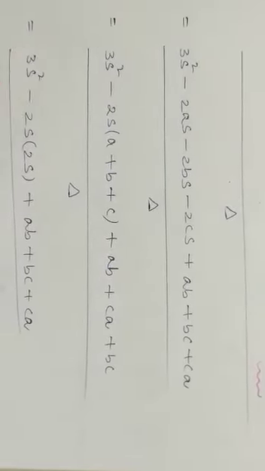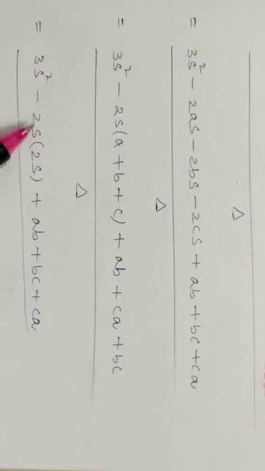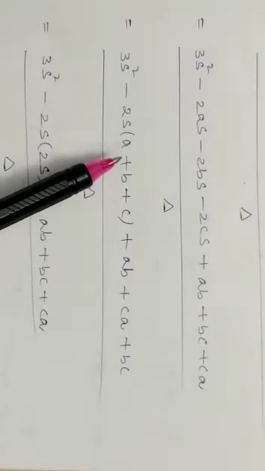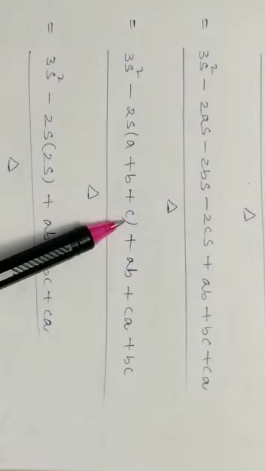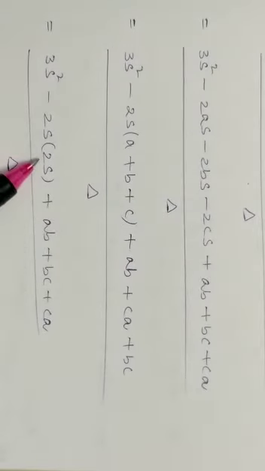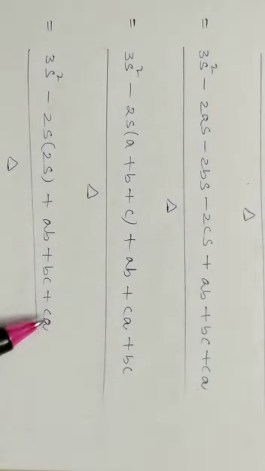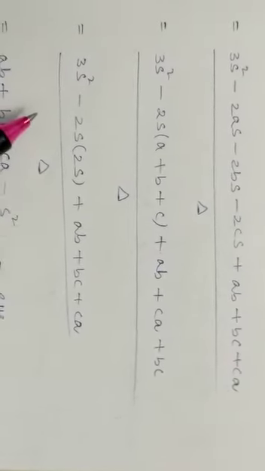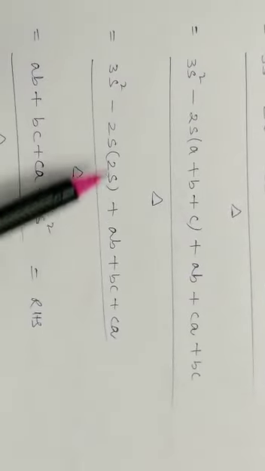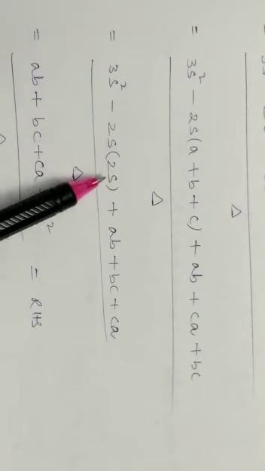So 3s square minus 2s into (a plus b plus c). A plus b plus c is 2s, plus ab plus bc plus ca by delta. 2s into 2s, 4s square.